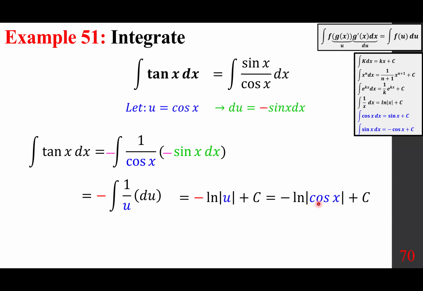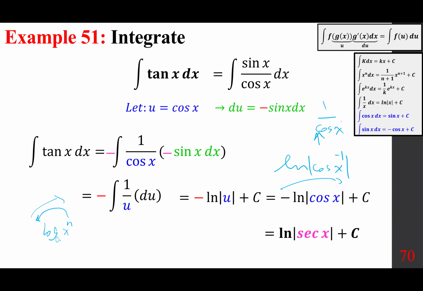So I can put this up here, and I get ln of cosine x to the power of negative 1. Cosine x to the power of negative 1 is 1 over cosine, which is a secant x. So ln of absolute value of secant x plus a constant.